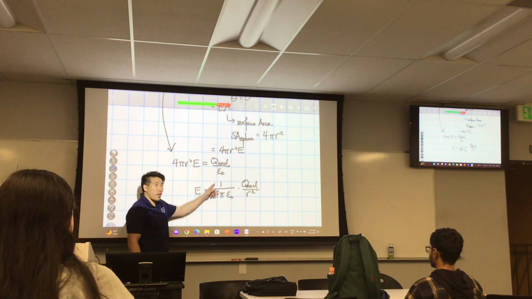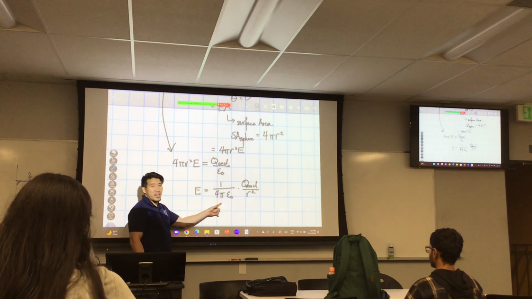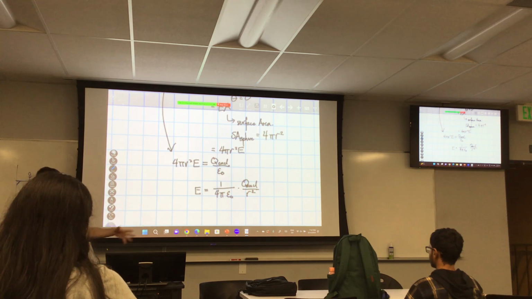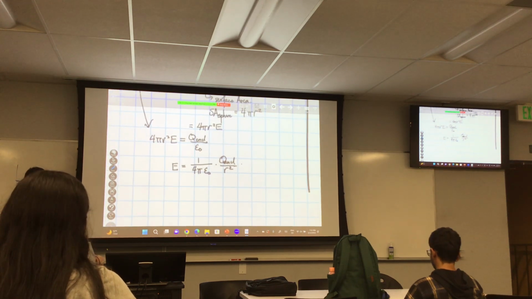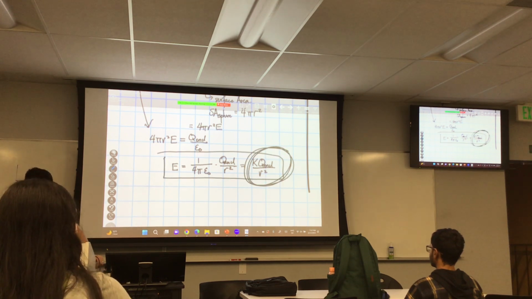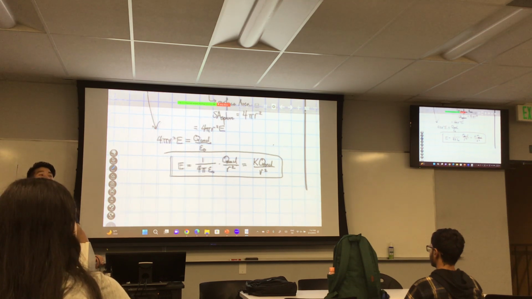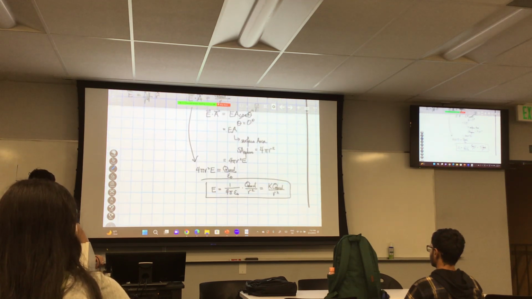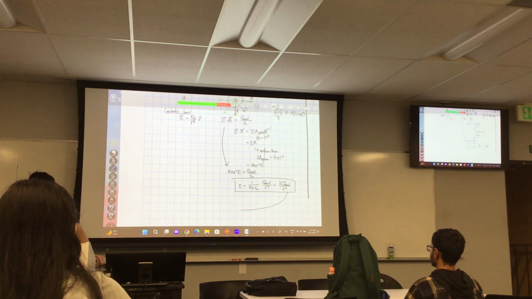What is 1 over 4 pi epsilon naught? This is also K. So this is also equal to K Q enclosed over r squared. Where have we seen this before? Apparently nowhere. All right, this is exactly Coulomb's law.